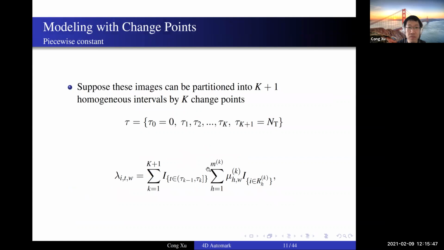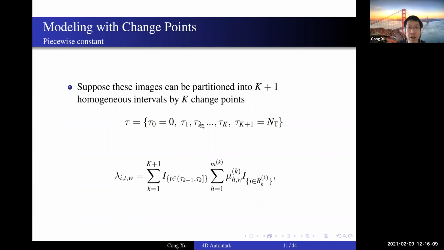Right now, we want to add change points into this model. We assume that this series of images can be segmented into different time intervals by k change points.